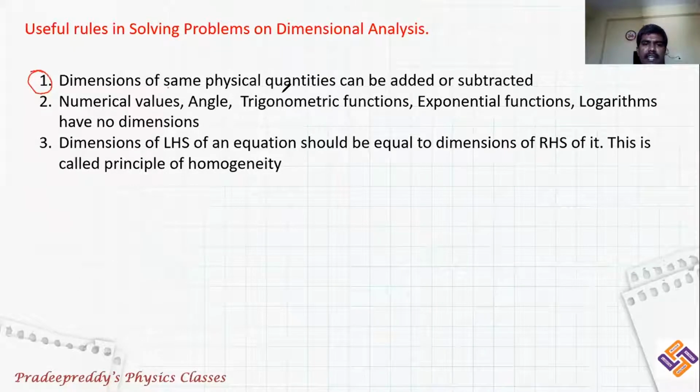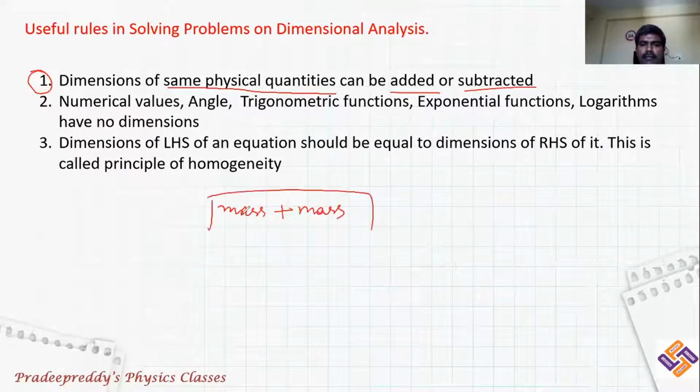dimensions of same physical quantities can be added or subtracted. So that means, for example, you have mass. Mass can be added to mass only. Mass is a physical quantity. Mass quantity should be added to mass itself. So 5 kg, you can add it to 2 kg.